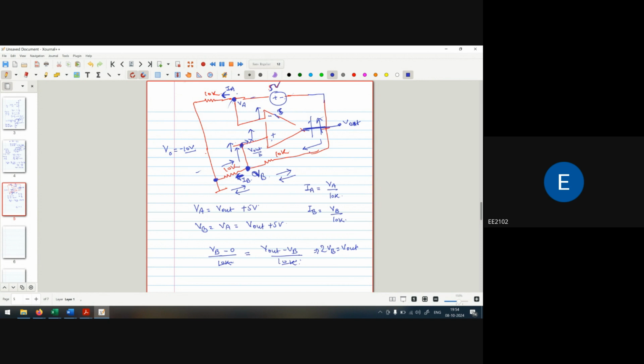Now the value of VB is V out plus 5. So 2 times (V out plus 5) is equal to V out.